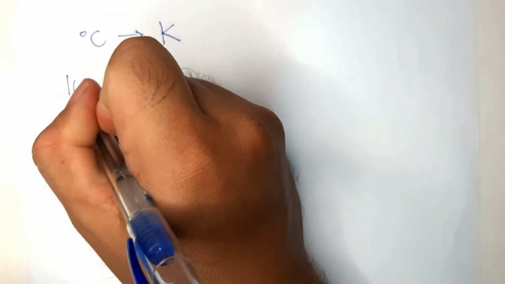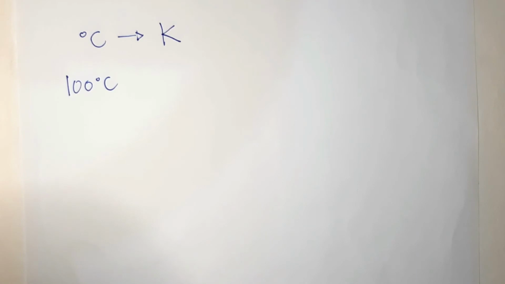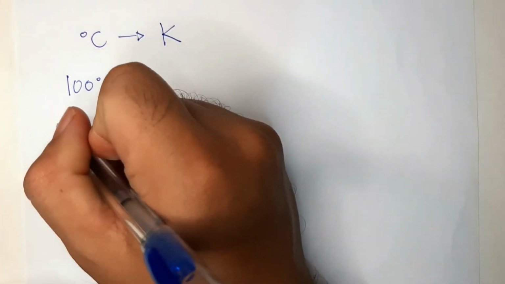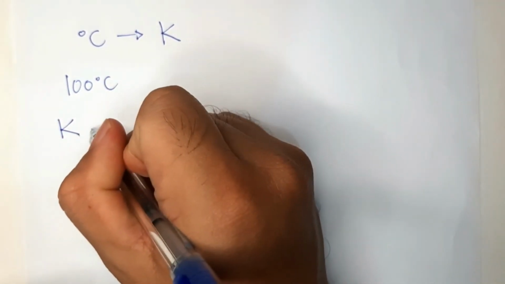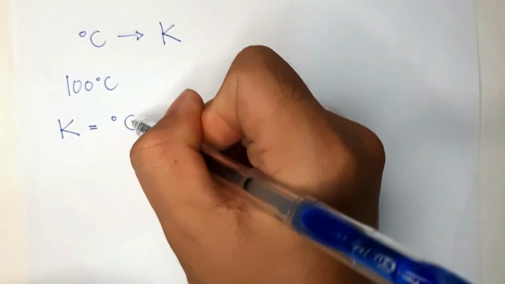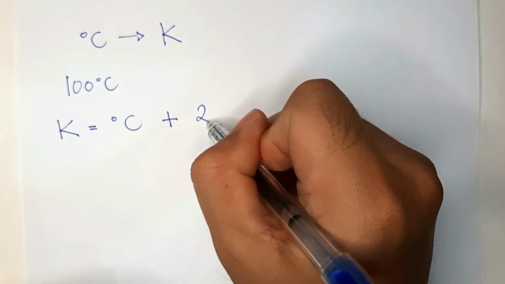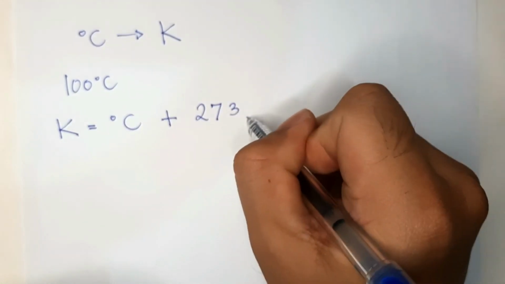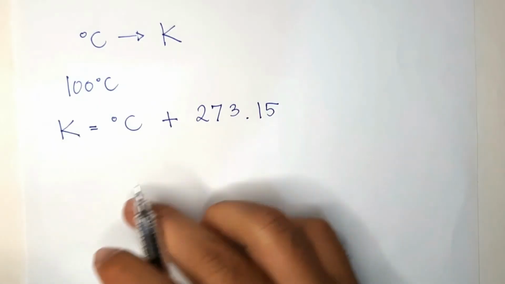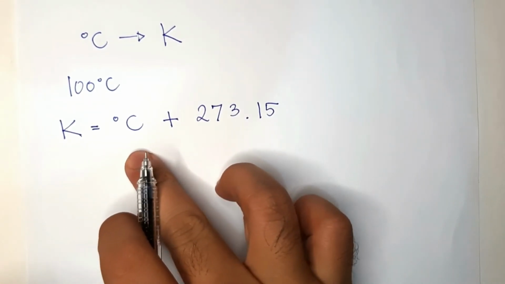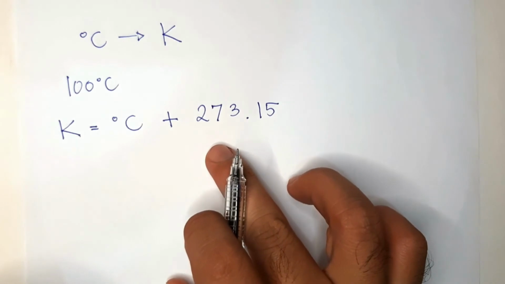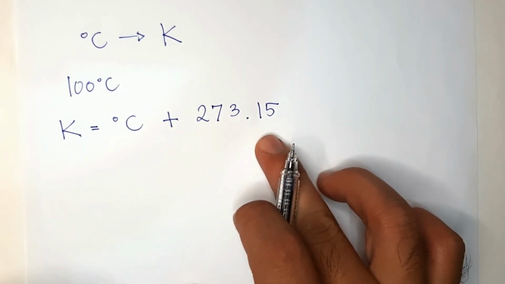So let's say we have a temperature of 100 degrees Celsius. How can you calculate the Kelvin? The equation we're going to use is this equation. Kelvin is equal to degrees Celsius plus 273.15.